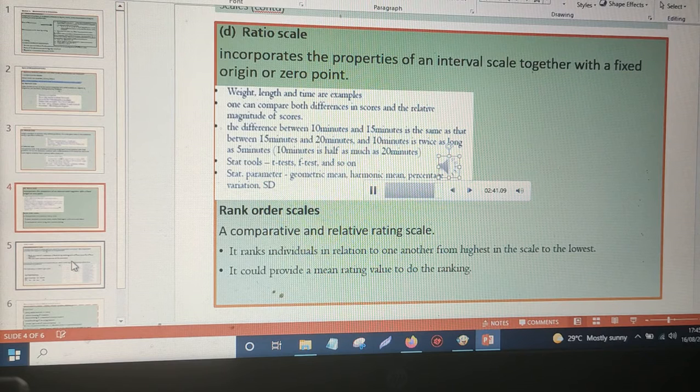In other words, when you get a mean rating value, you can now rank according to that score. You can say the one that ranks number 1 is this, the one that ranks number 2 is this particular component, and so on and so forth. Like that, you can get the ranking. So this kind of ranking is called the rank order scales.